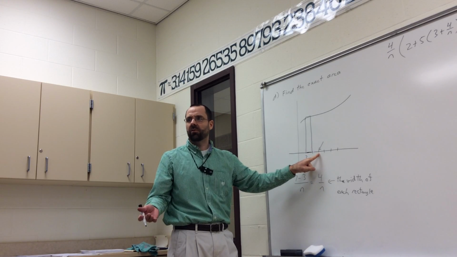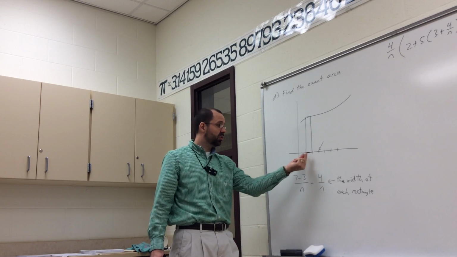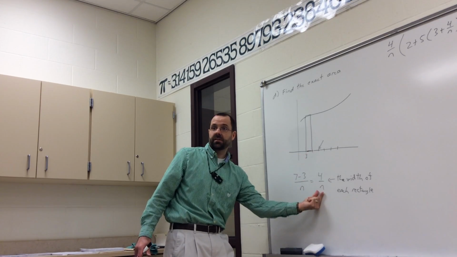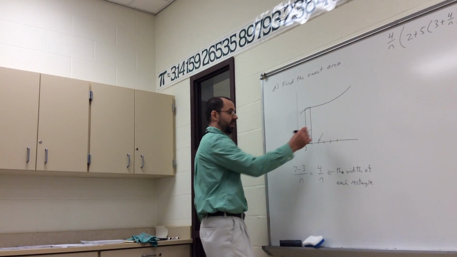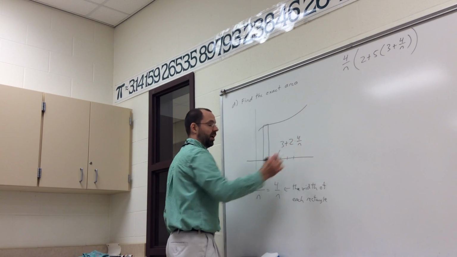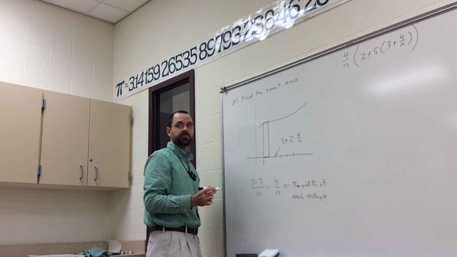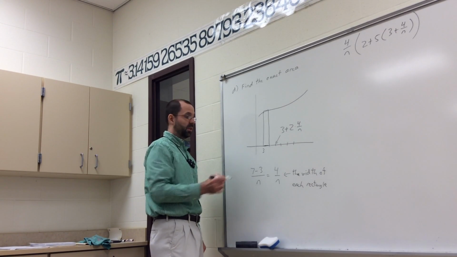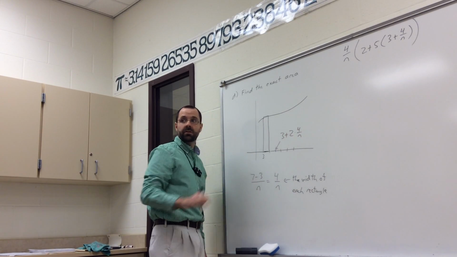So that would get me to 4, right? So this time I need to take 3 plus 2 of these to get there. So the x location there is 3 plus 2 times 4 over n. The 3 plus 2 of the widths will equal that.